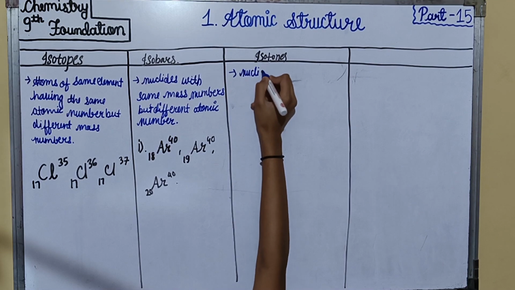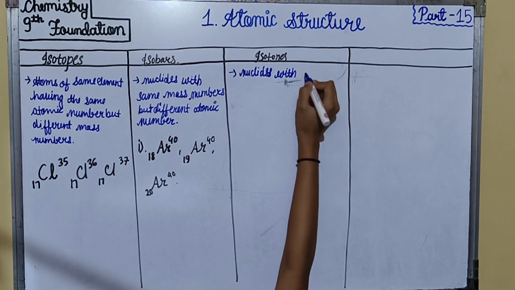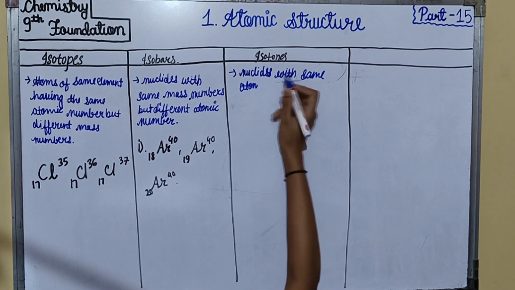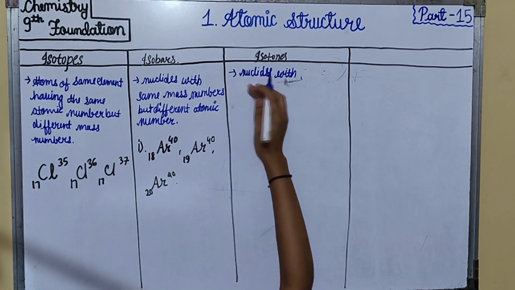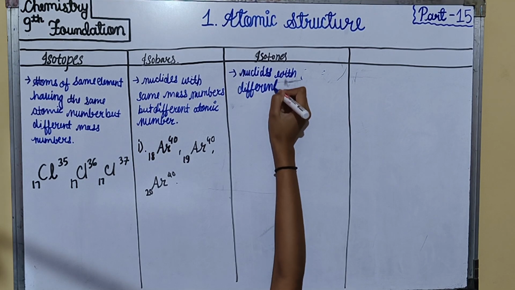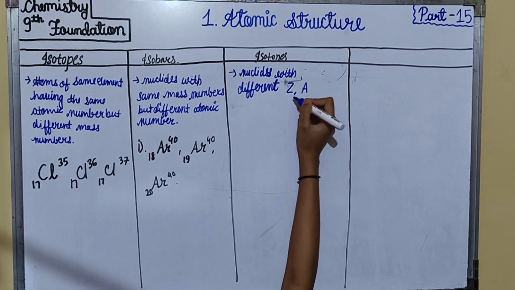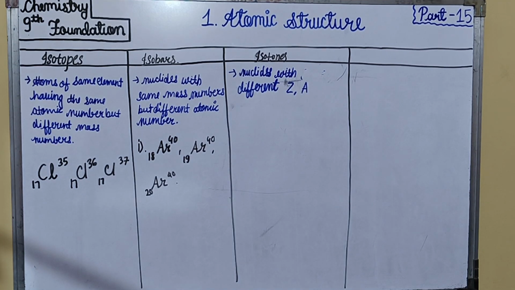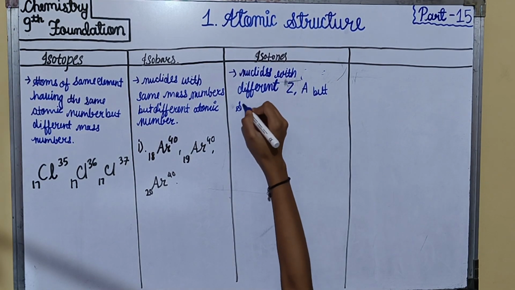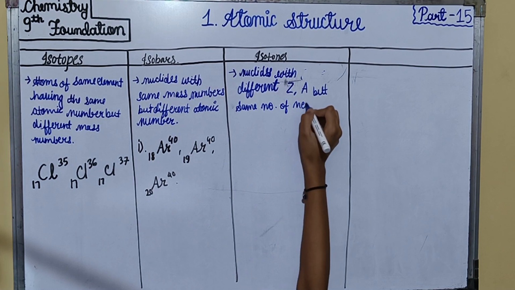Nuclides with different atomic number or different mass number but the same number of neutrons.